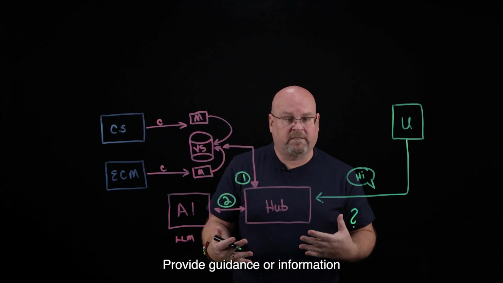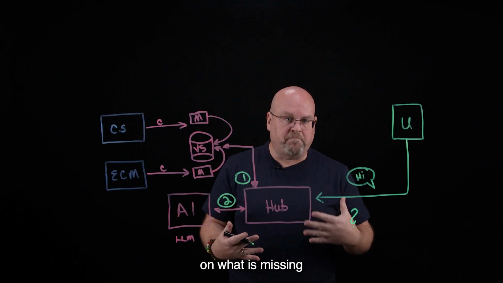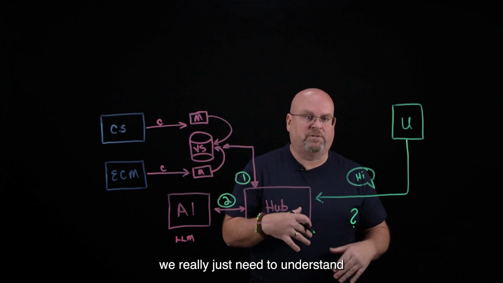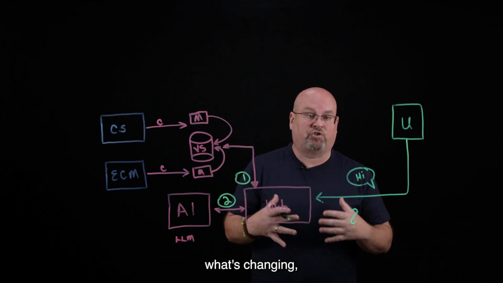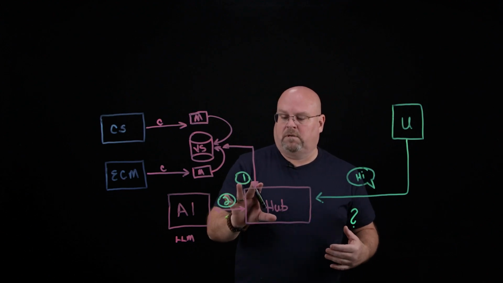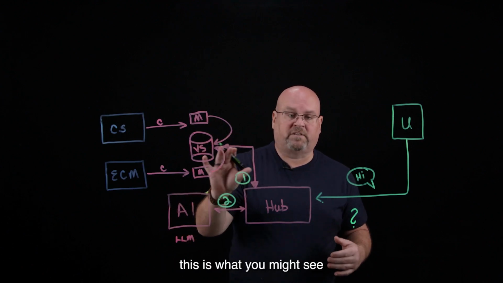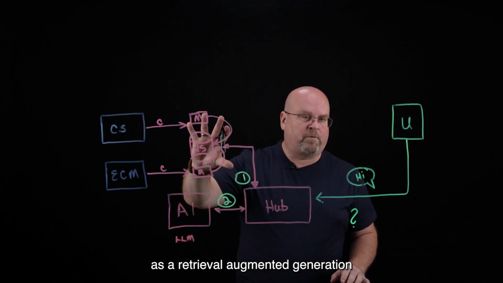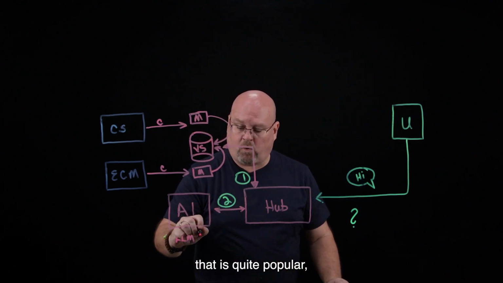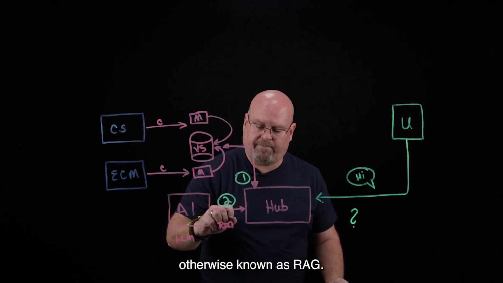Provide guidance or information on what is missing when comparing one or the other. A lot of times in contracts, we really just need to understand what's changing in addition to what we're on the hook for. So we can ask multiple questions, and what the AI will do, this is what you might see as a retrieval augmented generation scenario that is quite popular, otherwise known as RAG.